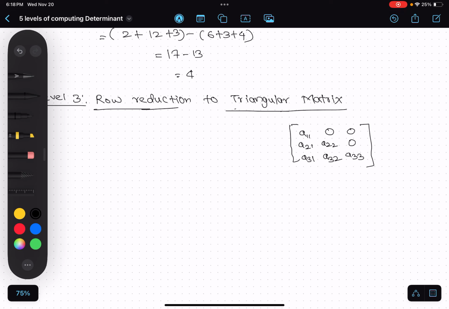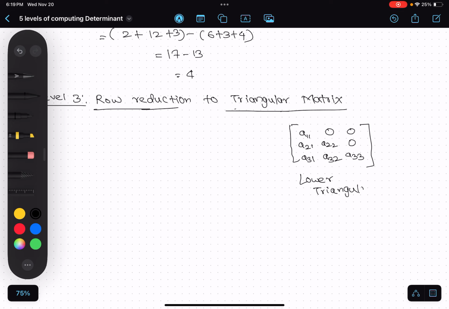Now if there's such a matrix such that every element above the main diagonal is 0, then, sorry, I mean there are elements in the lower side, so this is called a lower triangular matrix.